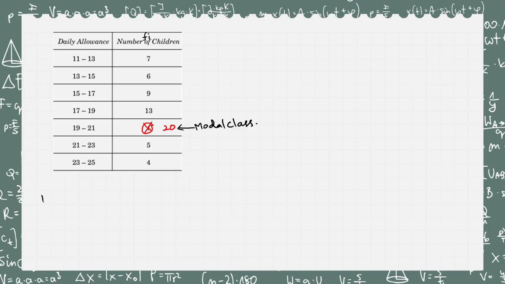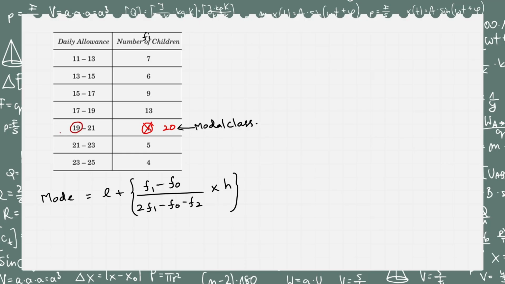And we know the mode formula will be L plus (F1 minus F0) divided by (2F1 minus F0 minus F2) into H, right? So what is our L? The modal class lower limit will be our L, right? And the modal class's frequency is our F1, and the previous frequency is our F0, right?